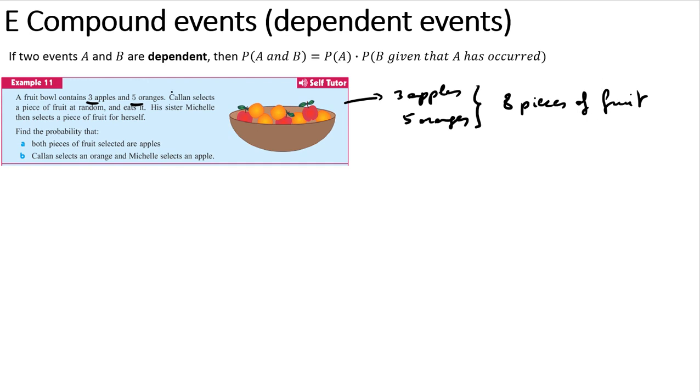Let's say that for Callan we use the capital letter C, and for his sister Michelle we use the capital letter M. In A we have to find the probability that both Callan and Michelle select apples. So both are apples.